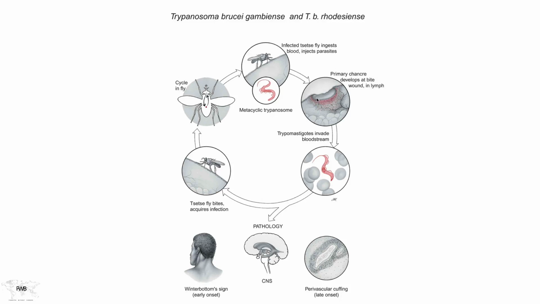The trypanosome then enters the lymphatic vessels surrounding the bite wound and develops into a primary chancre, which takes a couple of weeks to develop. And it's innocuous, it's painless, and the organisms are multiplying within the lymph that collected in this bite site.